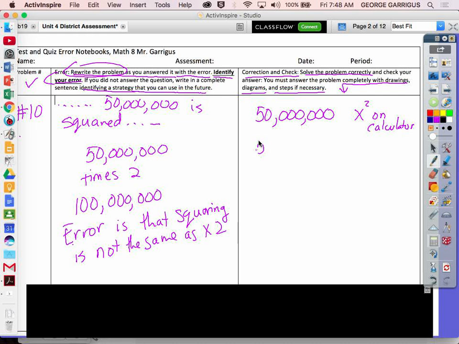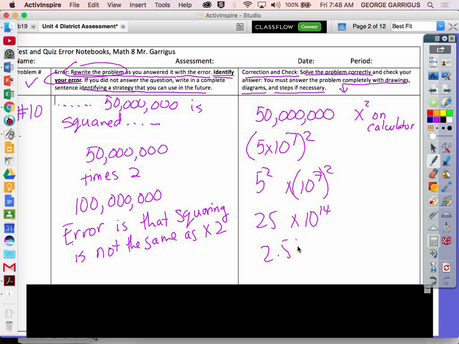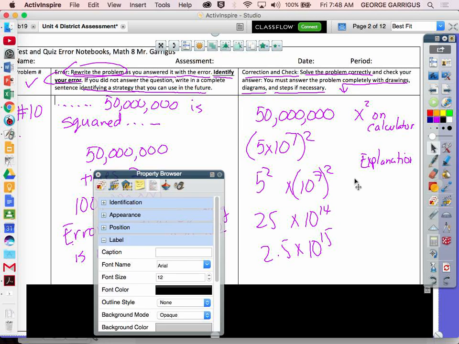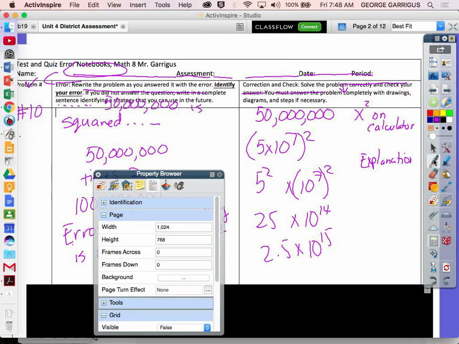I do 5 times 10 to the 7th squared, 5 squared times 10 to the 7th squared is 25 times 10 to the 14th, which is 2.5 times 10 to the 15th, and then I would do my explanation, which was the second point. My explanation was number 1, number 2, number 3, as we looked at just previously.